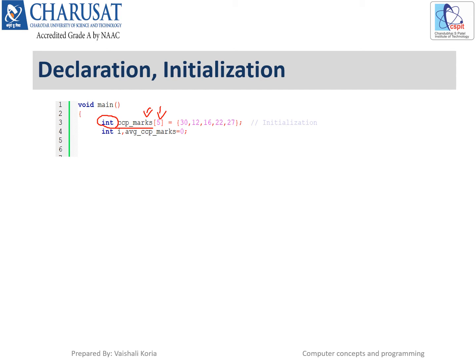So in this CCP marks we can store a total of 5 integer values. So int CCP marks[5] equals 5 values we have written in the curly braces. These are the values of this array. Now another variable is taken, average CCP marks, and it is initialized with 0.